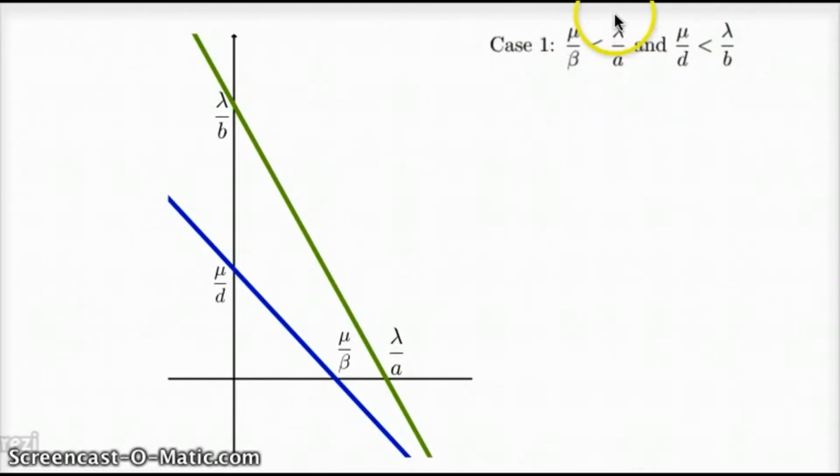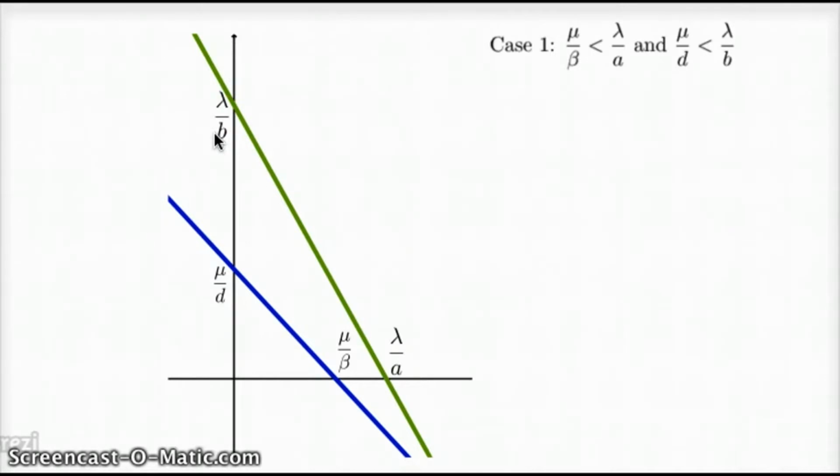Here we describe the cases with these inequalities. We note that the first inequality refers to the points on the x-axis. So we have mu over beta is smaller than lambda over a. The second inequality refers to conditions as they happen on the vertical axis: mu over d is less than lambda over b.